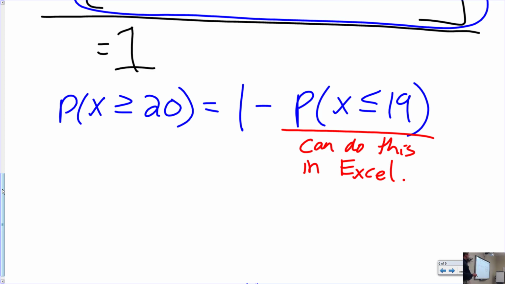Or is that one of them that I assigned? 22? Alright, let's do number 20. Oh, the numbers are too small for that, aren't they? Okay, so let's do 21.